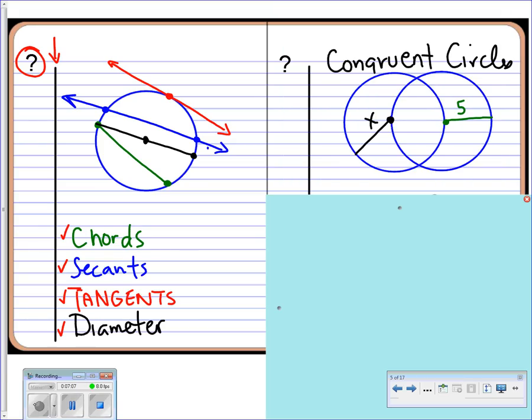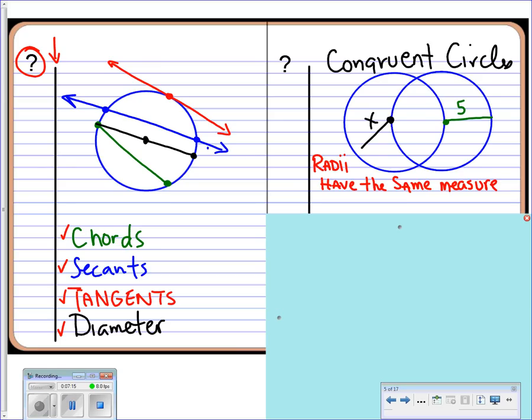Let's just briefly talk about two congruent circles. Two congruent circles are two circles that have the same radius. Now, oops, I've erased a piece of my thing here. So here is two circles, and each one of them has their own radius. But what I want to show you is this.